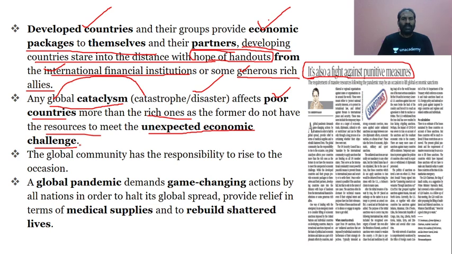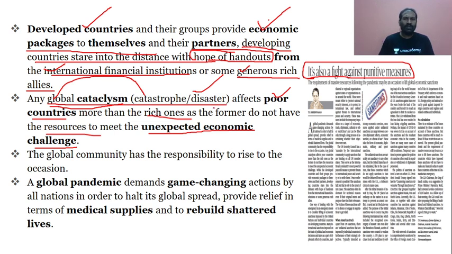And the consequence is that a global economic recession has taken place. Because of these two, the poor countries are facing an economic crisis wherein they are unable to cope with the unexpected economic challenge. What is actually creating the problem is the global disaster, the global catastrophe. At this moment, what is the catastrophe?